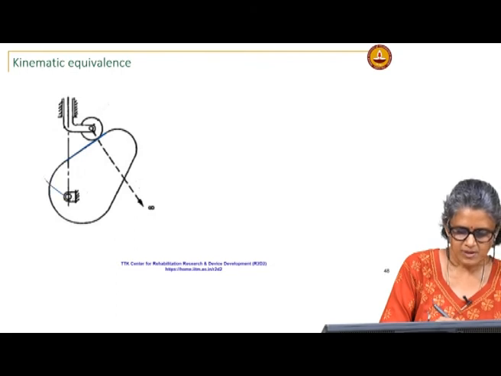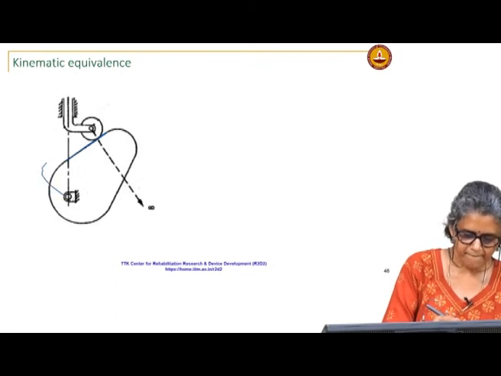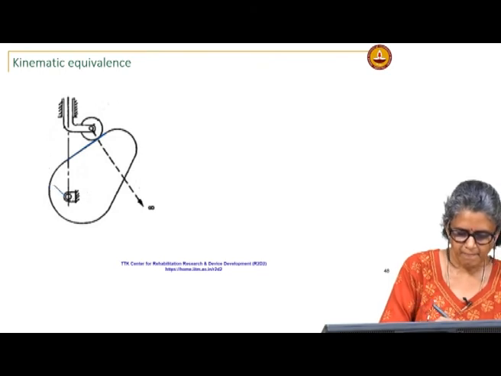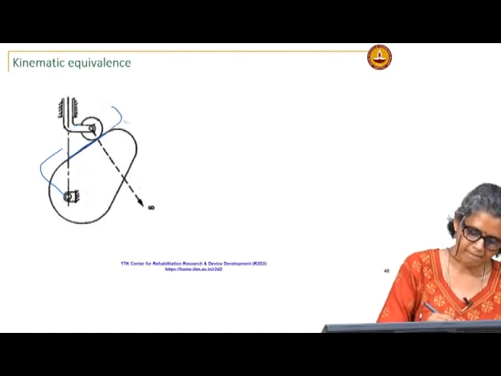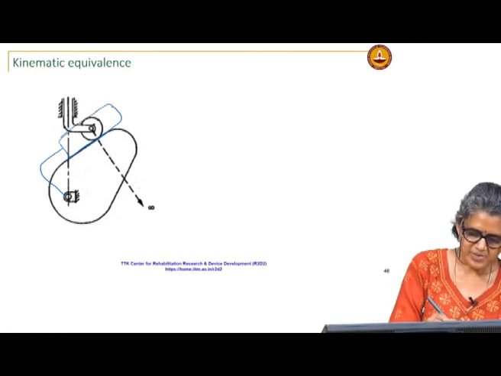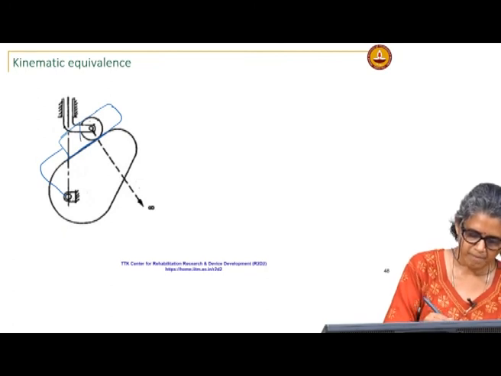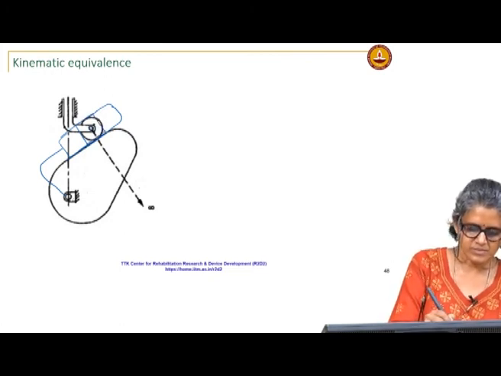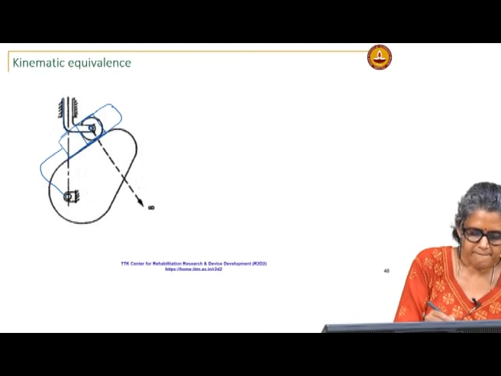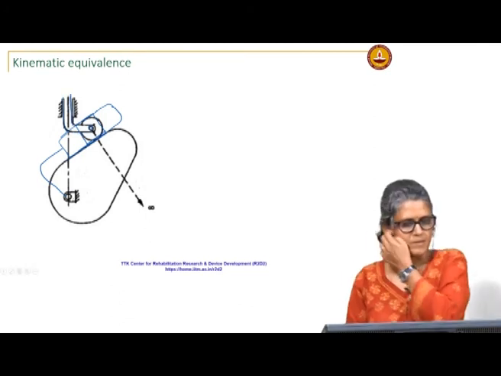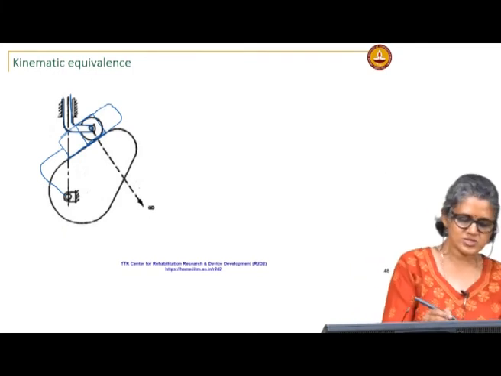So, I can have a link with a slot, okay, and instead of a roller I would represent it, sorry, by a block, and then attach this link to it. Okay. So, this would be my 2 dash.